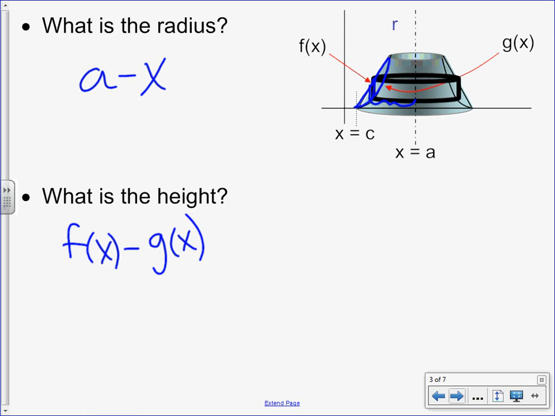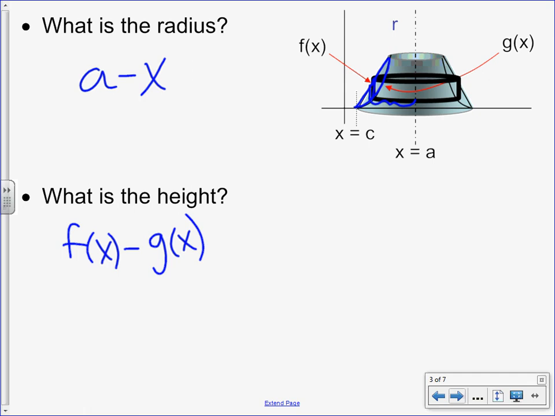So from our axis of rotation, in this case, since our axis of rotation is on the right, this whole right minus left business, a minus x. So if the original was the one on the right, it would just be x minus a.